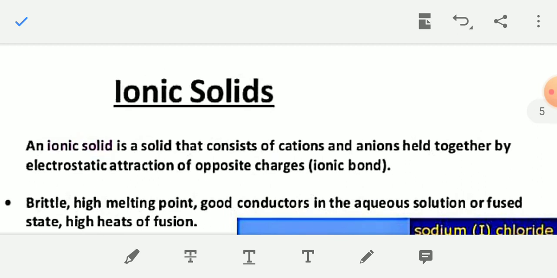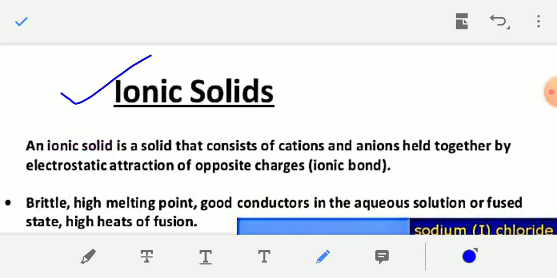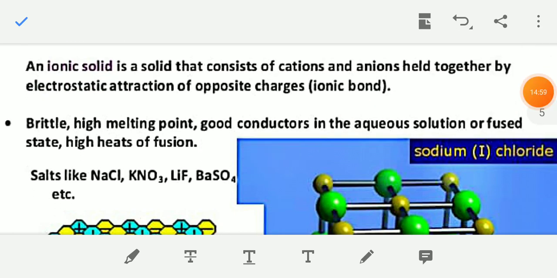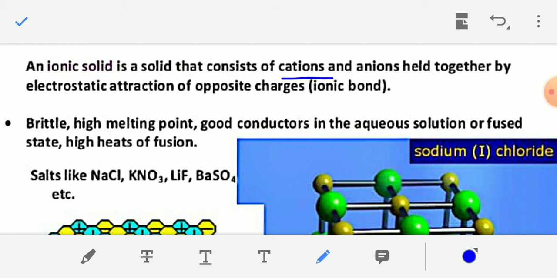Now ionic solids are made up of ions, positively and negatively charged ions, that is cations and anions, like NaCl. An ionic solid is a solid that consists of cations and anions held together by electrostatic force of attraction between the opposite charges.